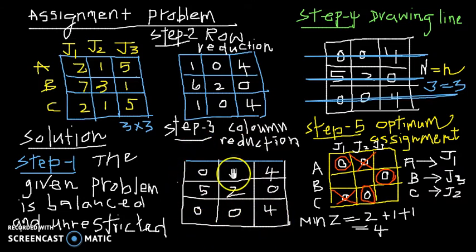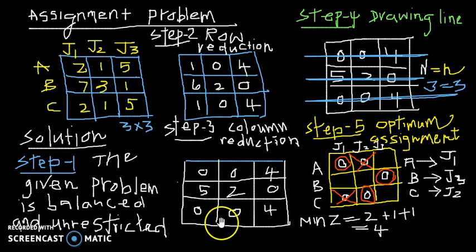Immediately after this, the next step is that we have to draw the lines. How do we draw the lines? Through the maximum number of zero-occurring rows or columns.